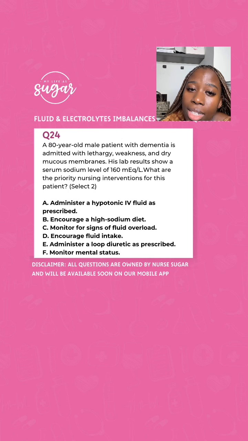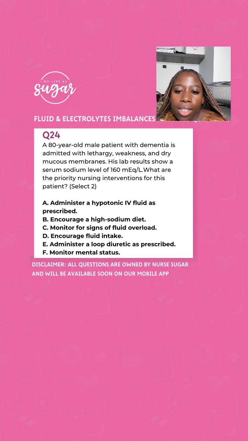Your priority nursing intervention. So your patient comes in, they have dehydration, they have dementia, they have high sodium. What are the 2 things you do first? D, obviously encourage fluid intake because they're dehydrated, right? Yes, D, thank you. So again, they have dementia.